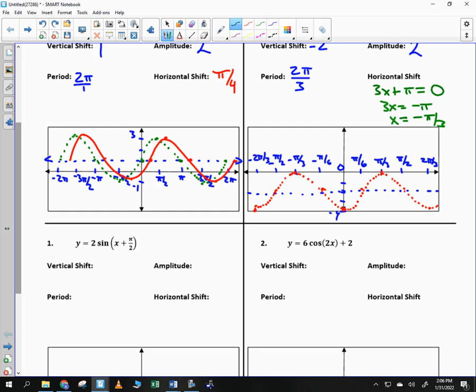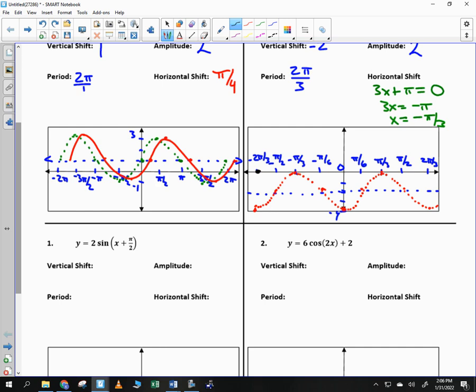And how much is pi over 3? It's 2 tick marks. Oh, hey, look. Pi over 6, pi over 3. That's 1, 2 tick marks. Okay, so that means I have to move this one right here. I can move it 2 units to the left. Now watch, because this will help you out.